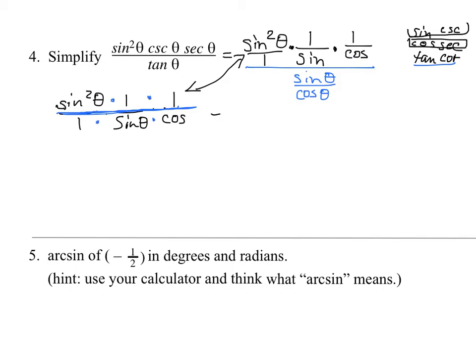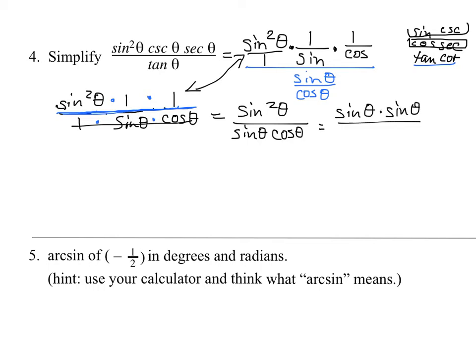So let's rewrite. Here we have sine squared theta times 1, that stays just like it is. And then in the denominator, 1 times sine times cosine of theta. Now I notice that I've got a thing in the numerator, that would be sine theta squared, so I can rewrite it this way. I'm just doing this for illustrative purposes. Most of y'all have already seen this a few times.